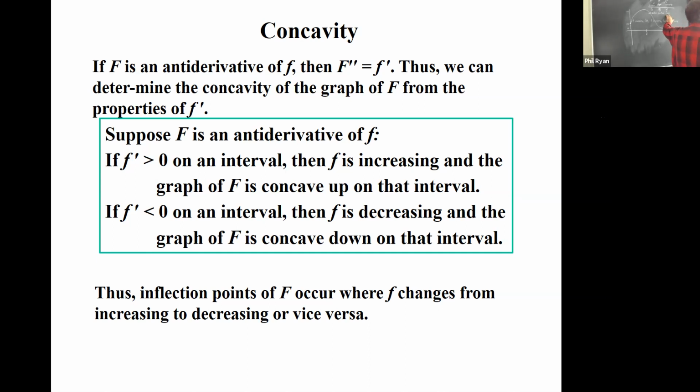And if this slope is negative, i.e. g is decreasing, then F double prime, its concavity, is negative, so it's concave down in that interval. So it's really easy to get mixed up, right? Because you've got two functions, and we're just looking at the relationship between the two functions.